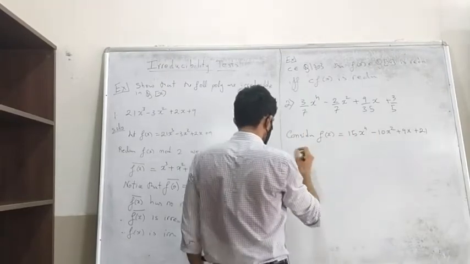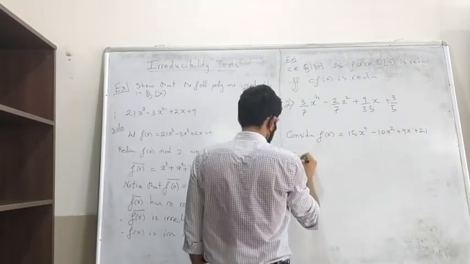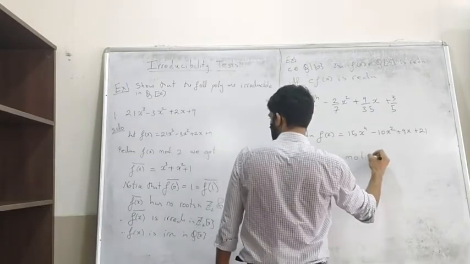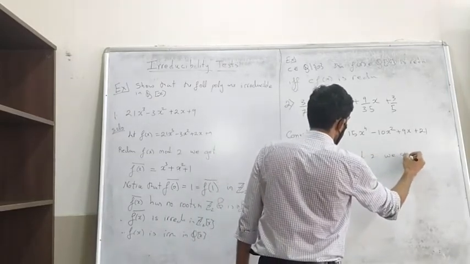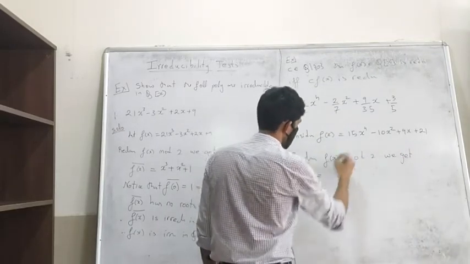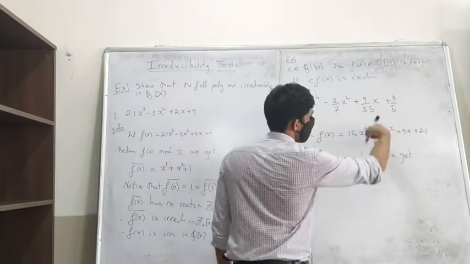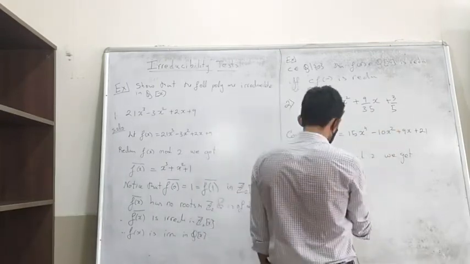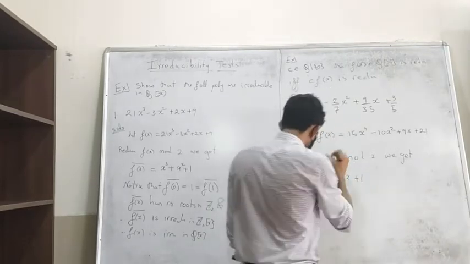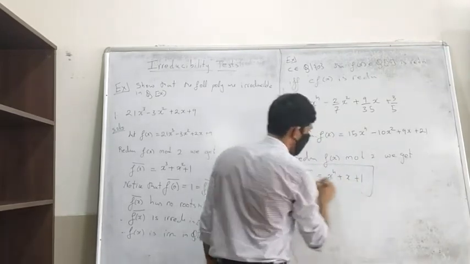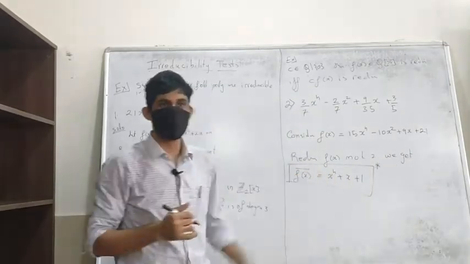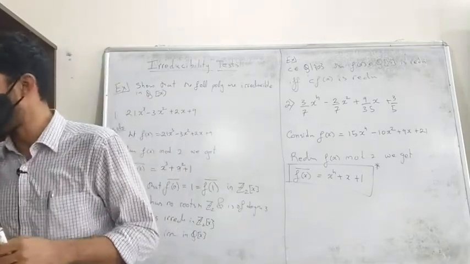So reduce f of x modulo 2, we get f of x bar equals x raised to 4, this term becomes 0, plus x plus 1. Just keep this polynomial in mind. I will come back to this polynomial later. I'll tell you why.